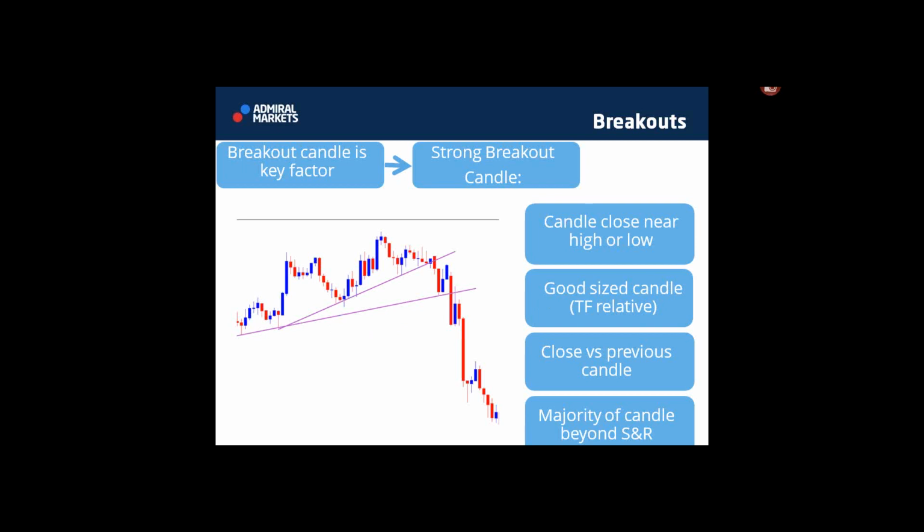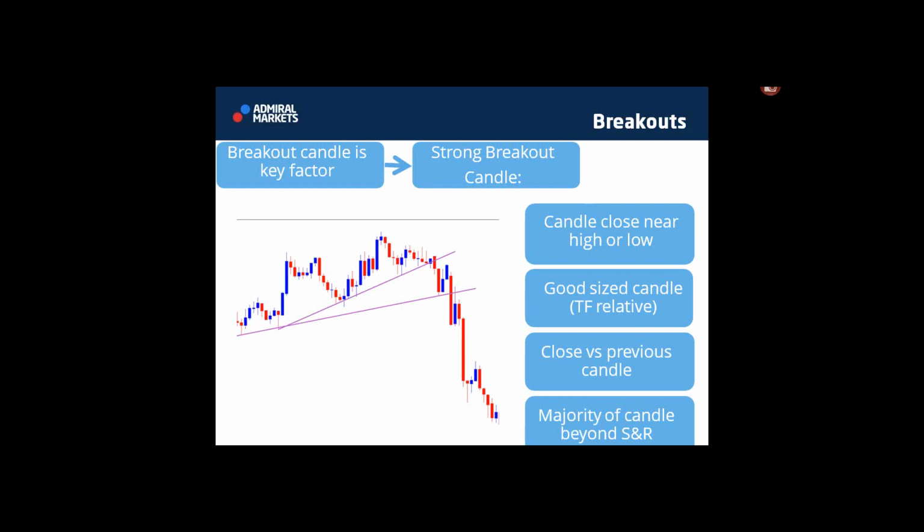Okay. Second thing, you want to have a good size candle relative to your time frame. And pair, by the way. So for the pound yen, a 20 pip 4-hour candle is not a good size candle. That's a small candle. But 30 pips for your dollar hourly chart could be very, very fine for a breakout.